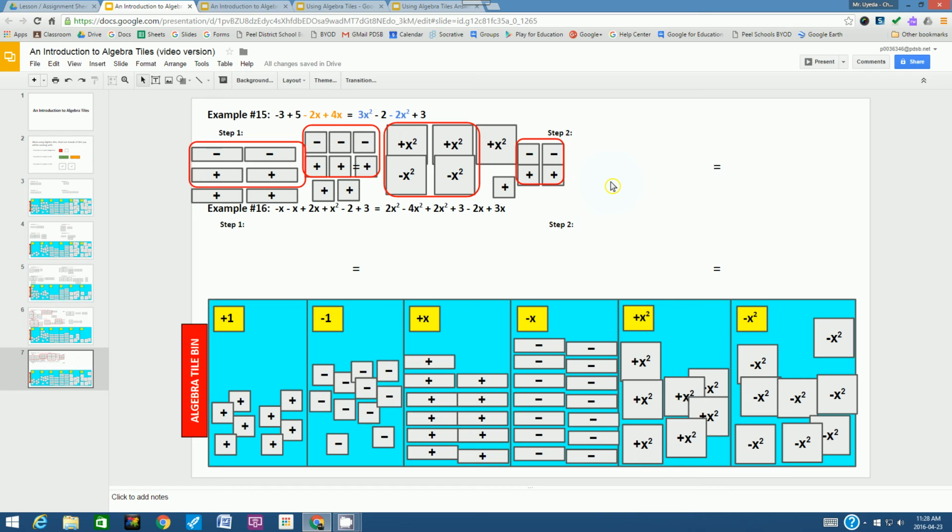Okay, so this equation is going to get a lot simpler. So let's look at the left-hand side here. So what's remaining? We have 2 positive x's. So let's bring over 2 positive x's on the left-hand side of the equation. And then we're left with 2 positive tiles on the left-hand side.